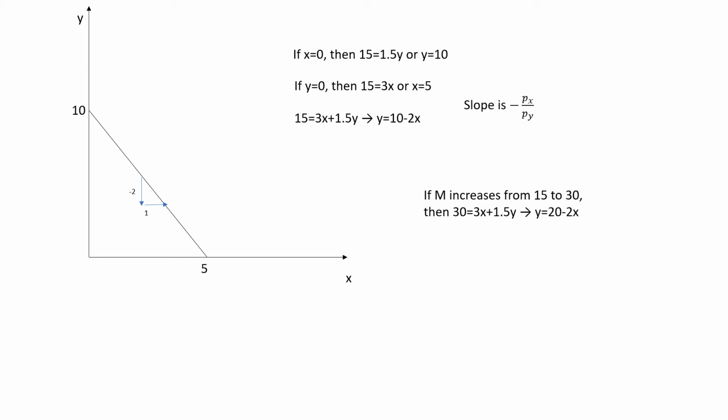And you can see that the slope of that equation, so the slope of the line, is going to remain -2. This is because there was no change in the two prices. But the intercept doubled. So because both of the intercepts will double, therefore we have the same slope, but we are going to have a rightward shift of the budget constraint line.